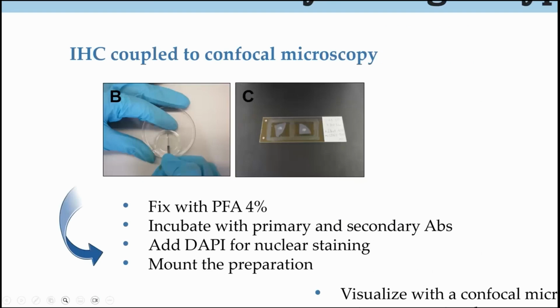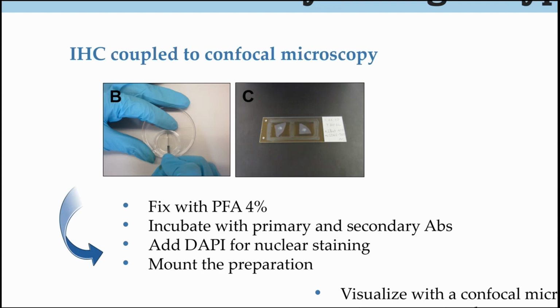Basically what we do is that we cut these pieces, and we put these pieces, so you can see here the slices, on this glass slide, and you have the insert with the slice. And then you basically put a hydrophobic pen surrounding all this, and you create two independent environments. So basically, if you want to, you can use a couple of antibodies in the first one and a different antibody in the other.